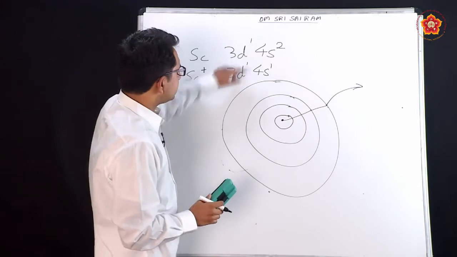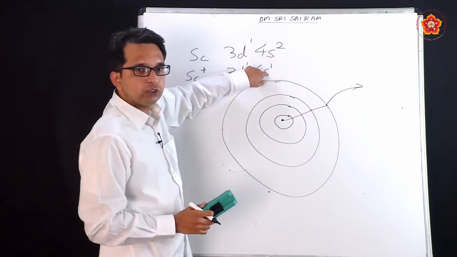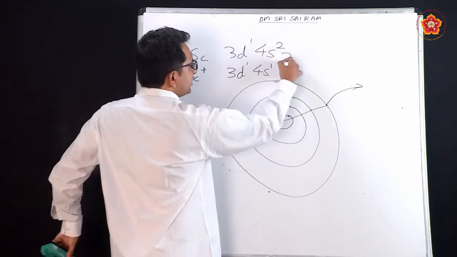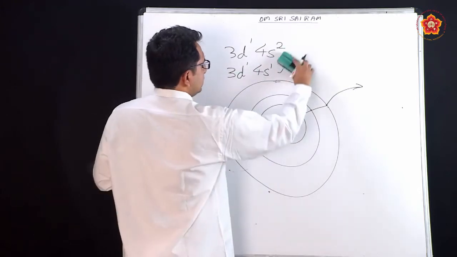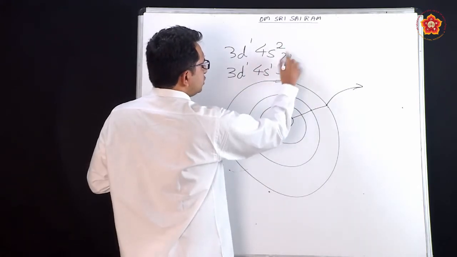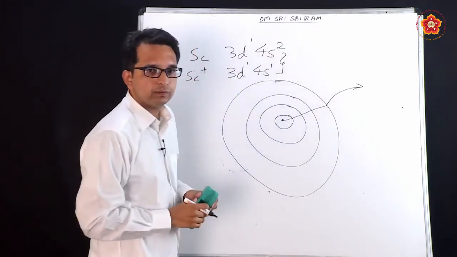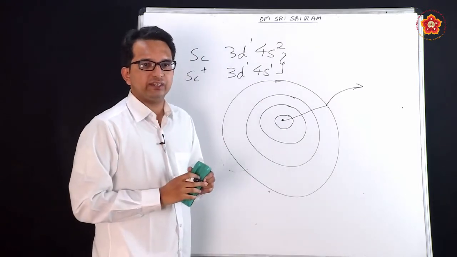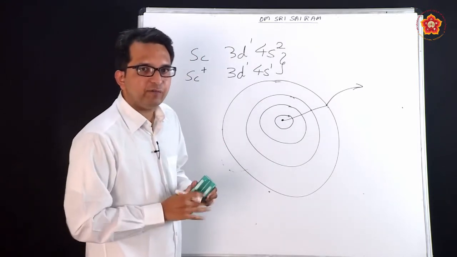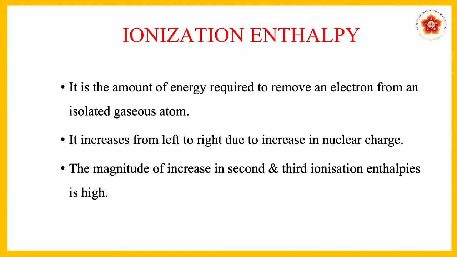So we see that one electron is removed. The energy required for the change of this system to this system, we call ionization enthalpy. So, let us see the definition of ionization enthalpy: it is nothing but the amount of energy required to remove an electron from one particular atom.